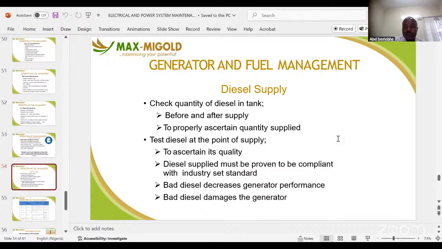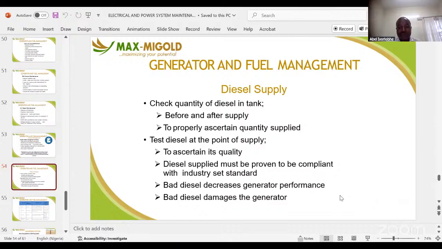Diesel must be proven to be compliant with industry set standards. We have industry set standards where you use density to measure, where you use litmus paper to check the water content in the diesel. If there's water content, your blue litmus paper may turn to red, or your red litmus paper will turn to blue, depending on the pattern of the litmus paper.